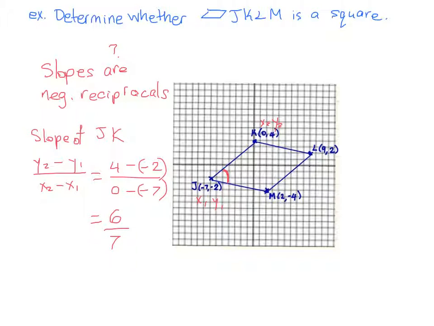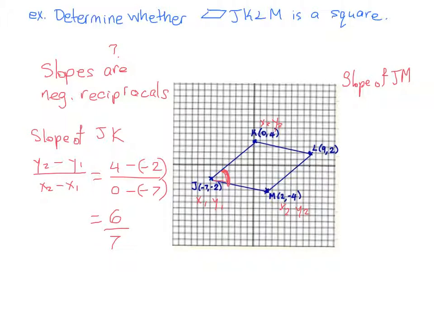And so now that we have the slope of JK, I'm going to figure out the slope of JM and see if these lines are perpendicular to each other or not. So let's do slope of JM. I'm going to keep this as x1, y1 and call this x2, y2. That's my new line.